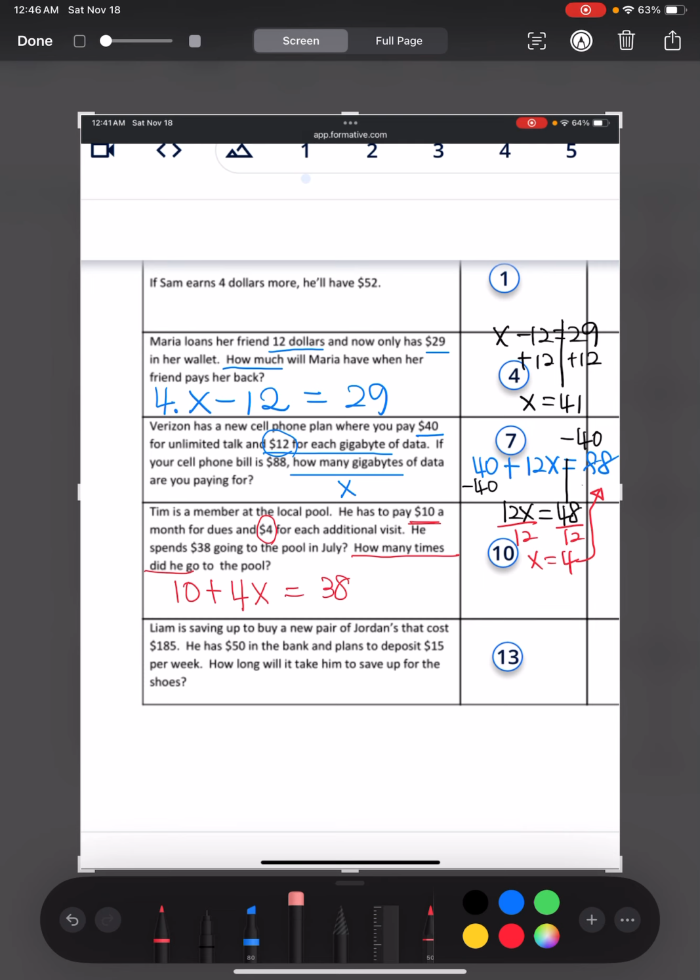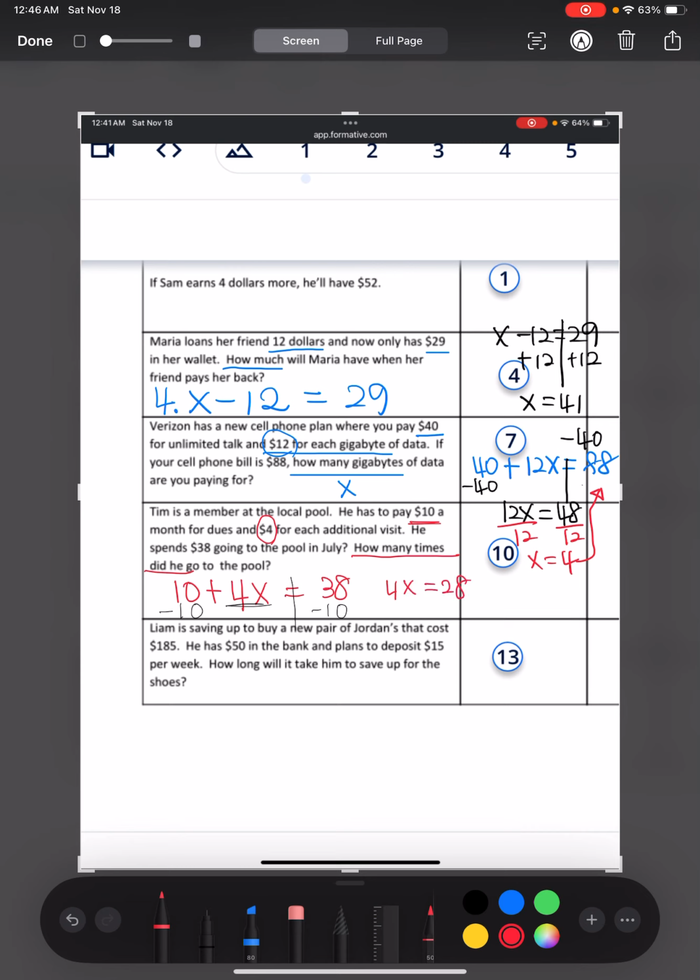So now I'm solving for X. So I'm keeping 4X, removing 10, subtract 10. So left side, I'll be left with just 4x. Right side, 38 minus 10 becomes 28.